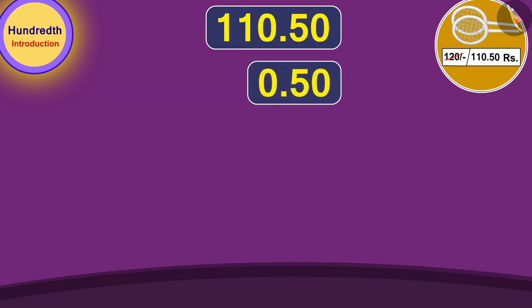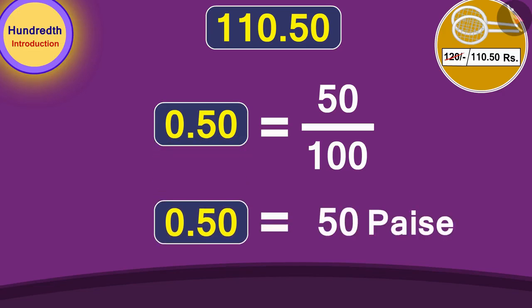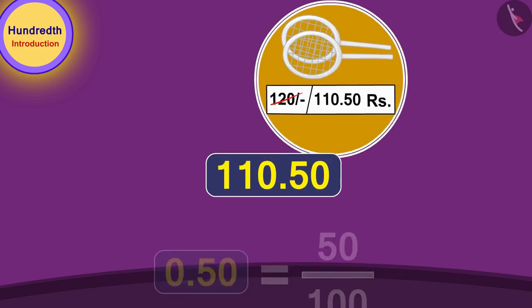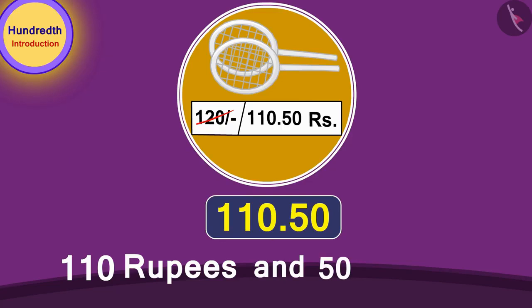Therefore, 0.50 rupees will be equal to 50/100th part of 1 rupee or 50 paise. In this way, the price of a badminton racket is 110 rupees and 50 paise.